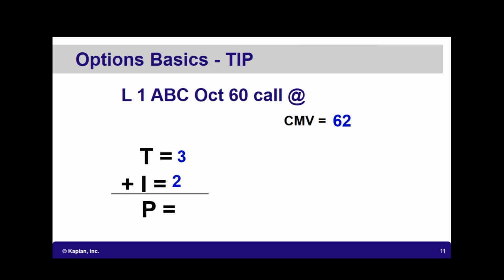I'm just going to pull 3 out of the air. I just gave you the time value. And that's what they'll do on the exam. They'll give it to you. And they will determine the premium by adding the time value and the intrinsic value. So 3 plus 2, 5. I just calculated my premium.